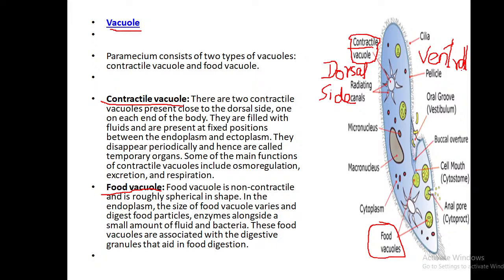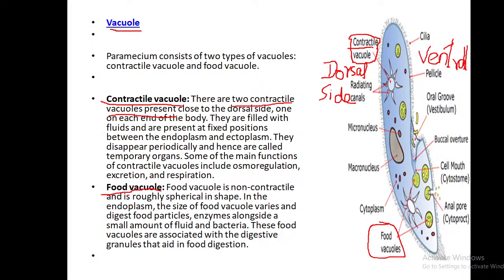are two contractile vacuoles present close to the dorsal side, one at each end. I told you about an anterior end and a posterior end, or a head region and tail region, so two contractile vacuoles. So contractile vacuoles are two in number, found one on the anterior side and one at the posterior side.